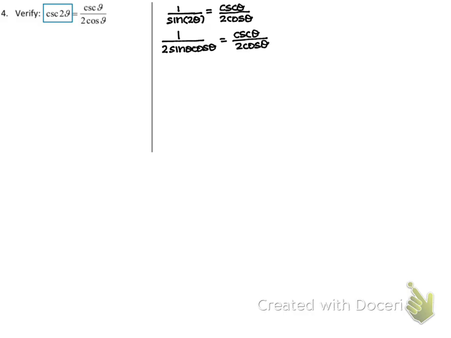I'm almost there. I'm going to pull this apart. I want to pull the sine theta off of the 2 cosine theta. Now I see the 2 cosine theta on the bottom. Let's take this first guy and flip him over. That's actually cosecant theta.